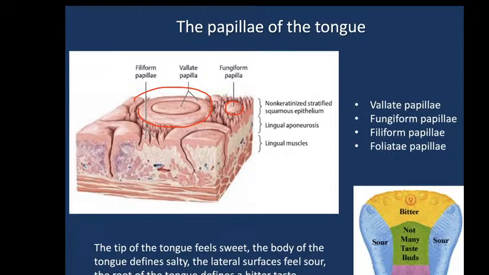Usually sweet is at the apex, salty is the center of the body, sour is usually the lateral part of the tongue, and bitter taste is located near the root of the tongue.